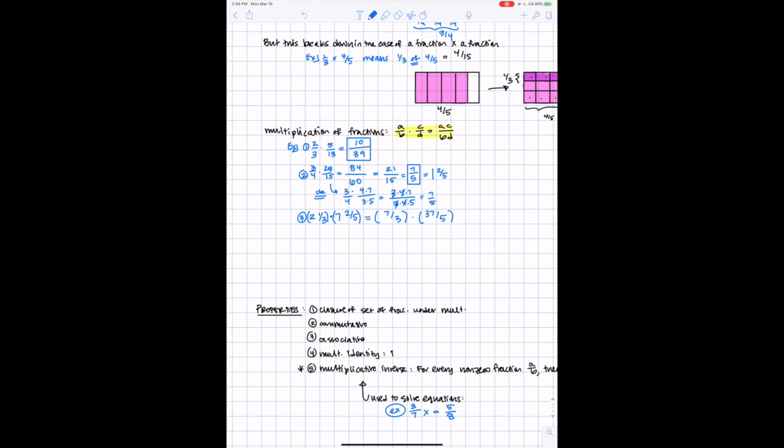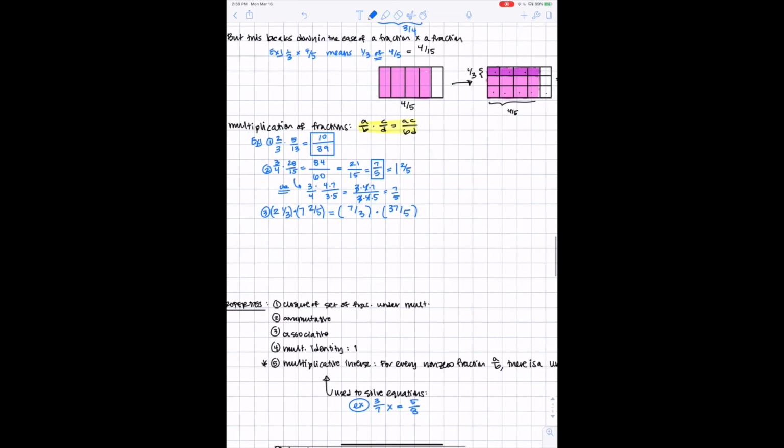And now, of course, these parentheses don't particularly matter. I just wanted to make sure the notation was clear. Okay, so now we can just go ahead and multiply numerators and multiply denominators. So multiplying 7 times 37 is 259, and multiplying 3 times 5 is 15.